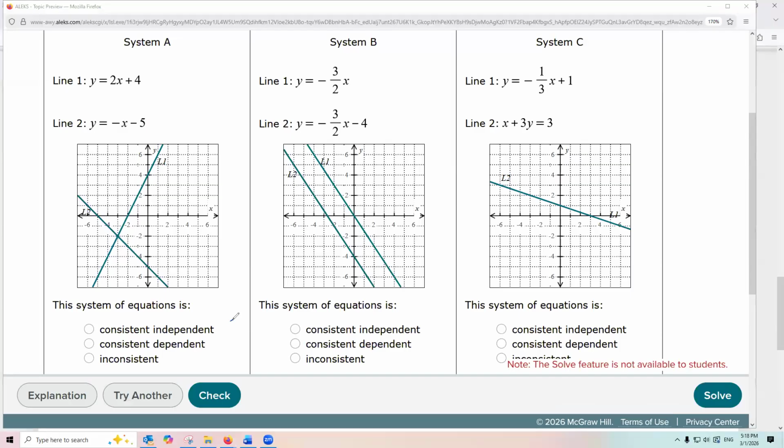When you have consistent independent, that means the lines intersect at one point. Inconsistent means parallel lines. Consistent dependent means overlapping lines.